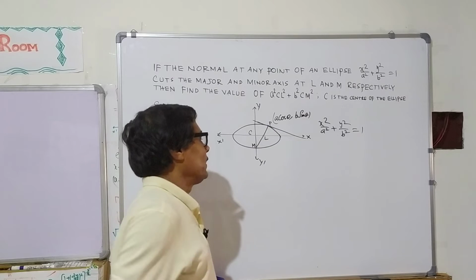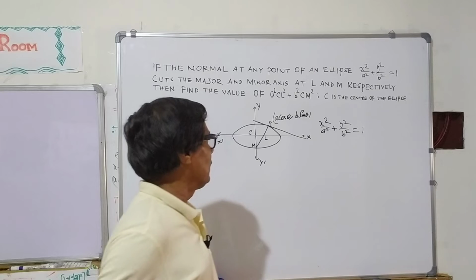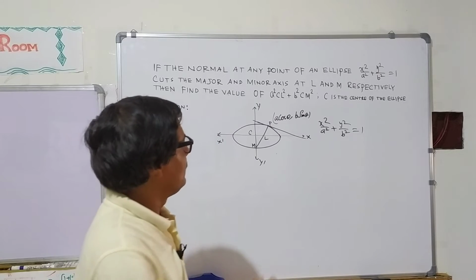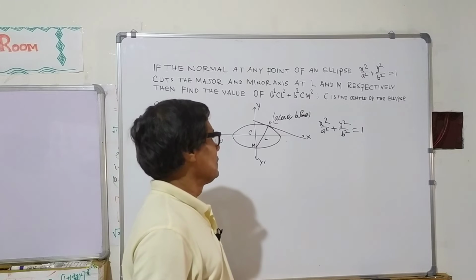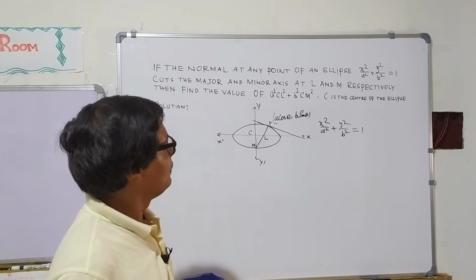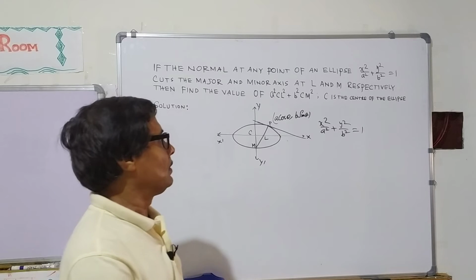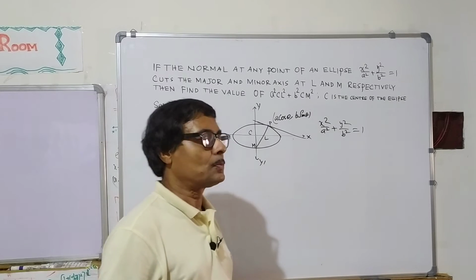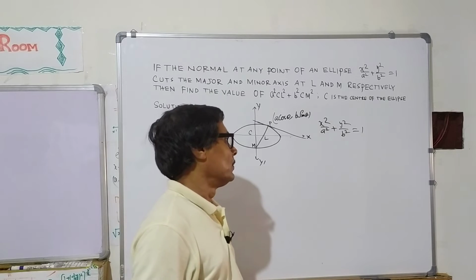To find the gradient of this normal, we differentiate the curve with respect to x, which gives the gradient of the tangent, and the negative reciprocal of the gradient of the tangent is the gradient of the normal.